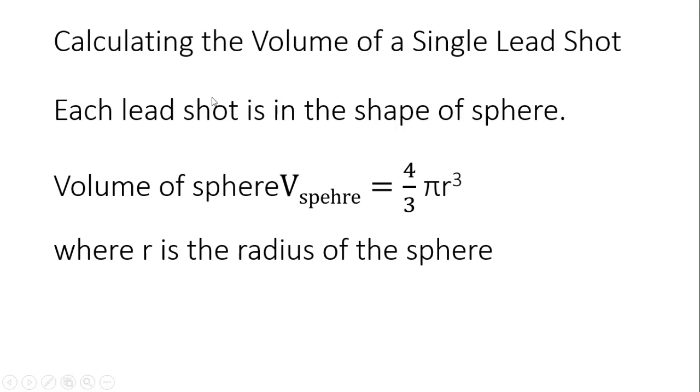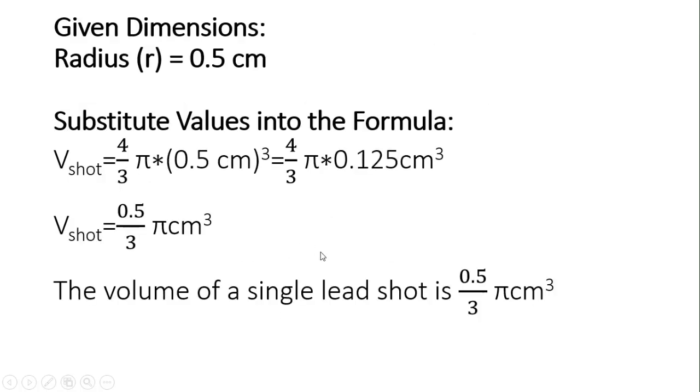It is given again that the lead shot is in the form of a sphere. So we take the volume of a sphere to find the volume of the lead shot. Volume of the sphere is equal to 4 by 3 pi r cube, where r is the radius of the sphere. We substitute the r value here.